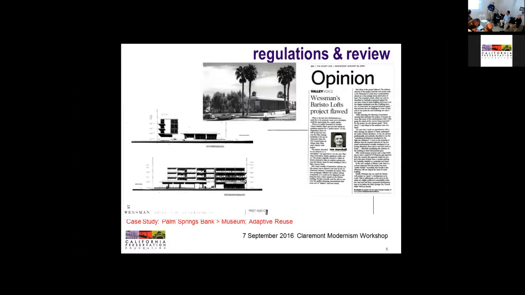However it came to be, it's a 4-story building that you're seeing there, and if I can make the pointer work, I believe that is the bank building. And this was roundly criticized, although it was approved 4-1 by the local planning folks. This did turn out well, fortunately for everybody.